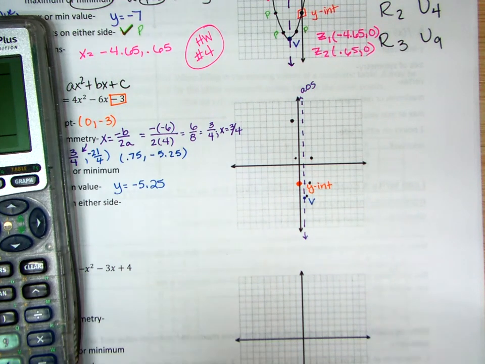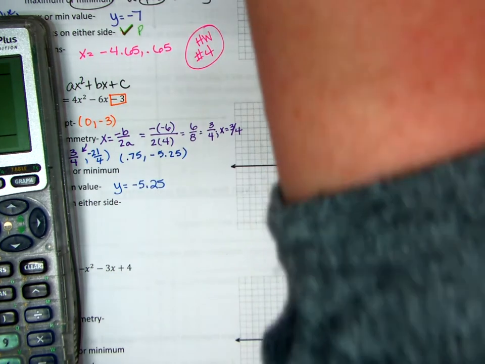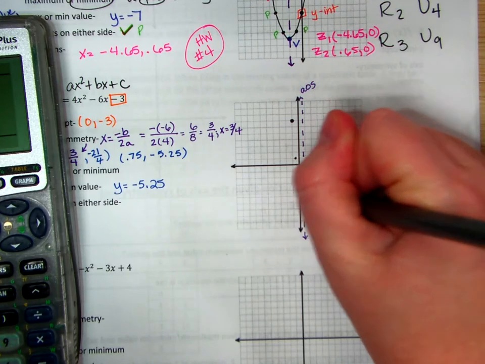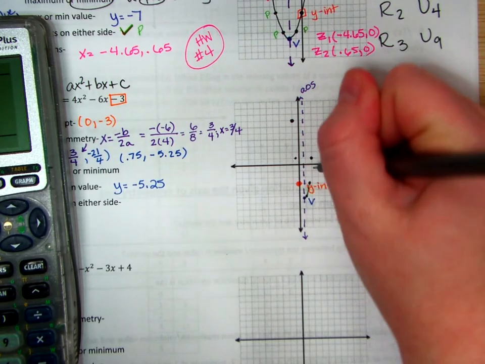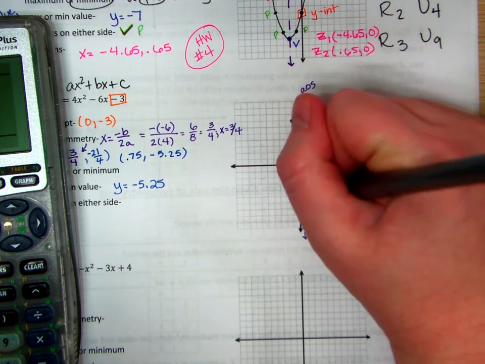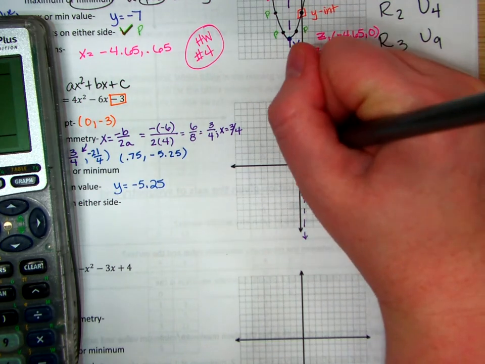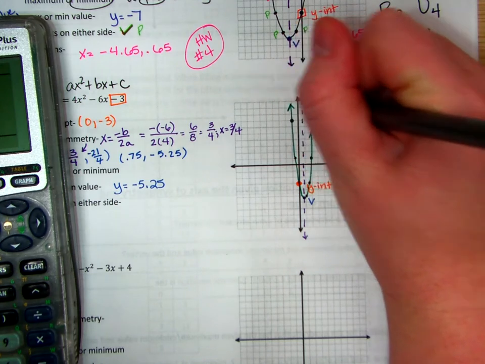I should have changed my scale, but I didn't. And then I'm just going to connect these. I have a darker green today. Sorry, I got to make my coffee. Connect them as best you can to sketch.